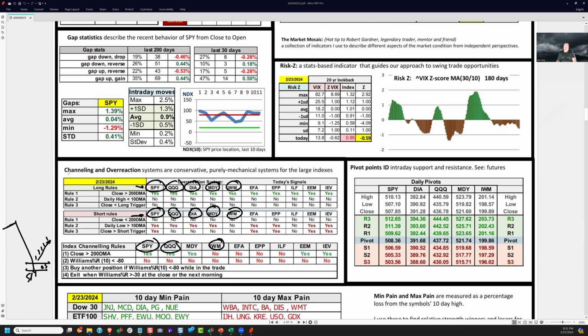So you can use these as trading systems, but you can also use them as filters or alerts for trading other symbols more aggressively. Because what we believe is that the market is worth 50%, sectors are worth 25%, and the company itself is worth 25%.